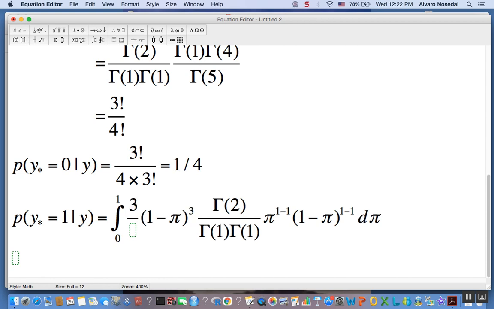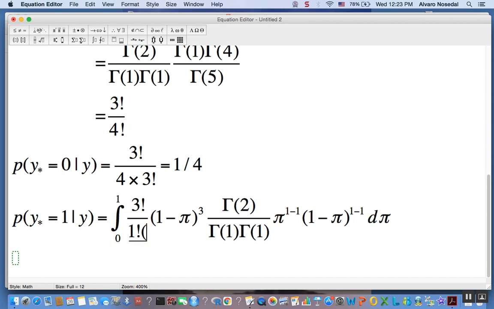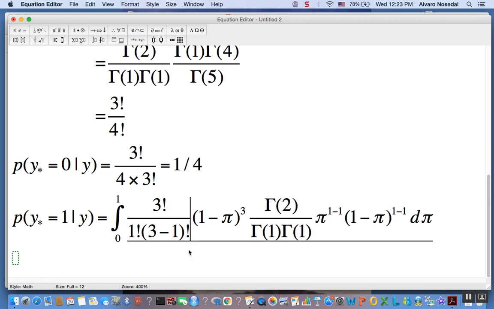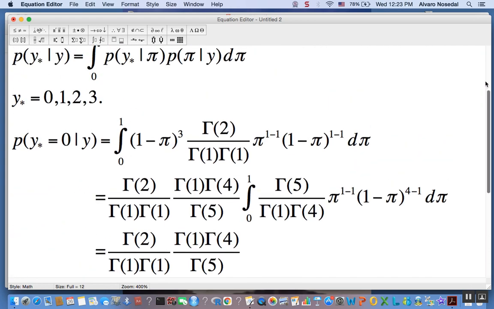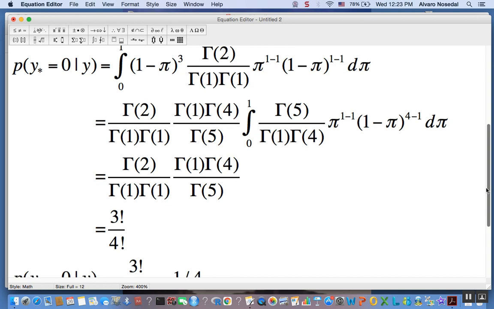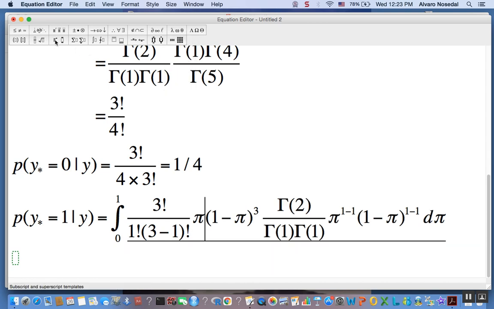We have 3 choose 1, which is the same as 3 divided by 1 factorial times 3 minus 1 factorial, right? Agreed? So we have 1 success, because remember, just by the definition, what we want here is the probability of observing y star successes given pi. So if we are going to be observing 1 success, well, we have 3 choose 1 times pi to the power 1. We have 1 success.